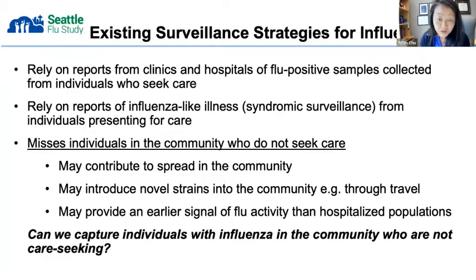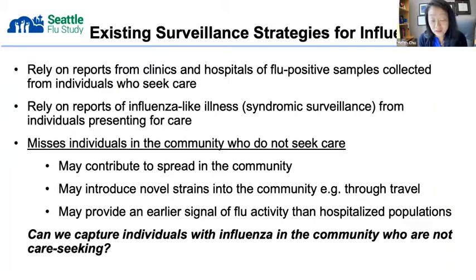So what we knew was in place at the time, back in 2018, and continues actually to be what's in place now, is that the existing surveillance strategies really relied on people coming in for care. So they needed to essentially come into the hospital for symptoms of a respiratory illness.